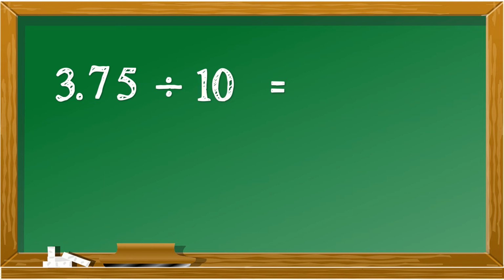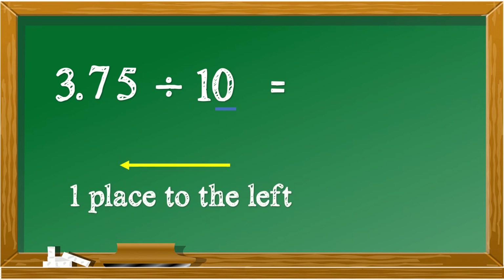Example, 3 and 75 hundredths divided by 10. 10 has only one zero. So we will move the decimal point one place to the left. Copy first the 3 and 75 hundredths and then move the decimal point one place to the left. And put the decimal point at the beginning. So we now have 375 thousandths as the answer.